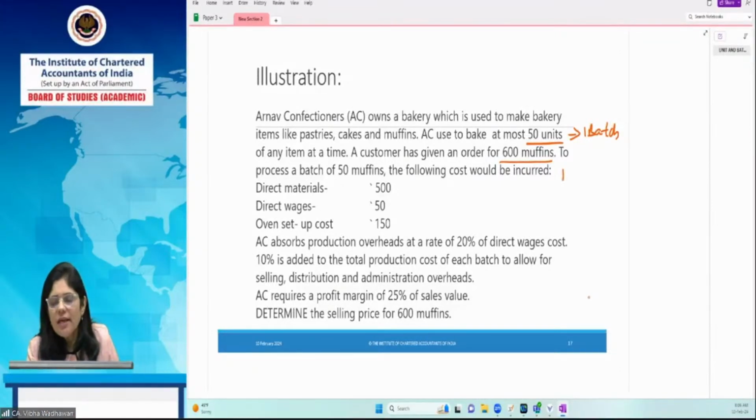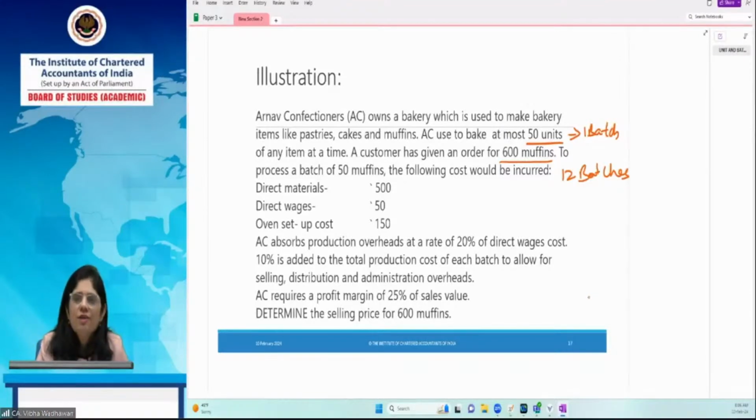We require 12 batches. In one run, 50, then another run, another 50, then another run, another 50. So 12 runs, 12 lots we have to bake. So we will bake 600 muffins in 12 runs, in 12 lots.